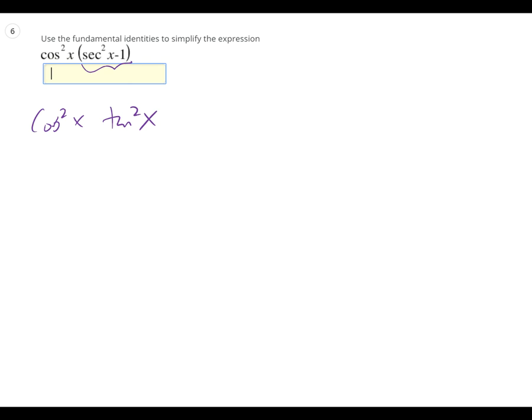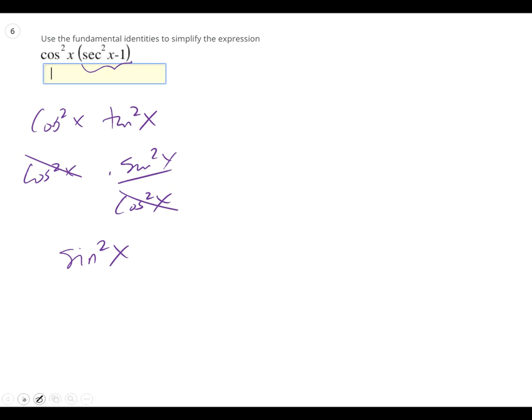No. Tangent goes to sine over cosine. So we have sine squared x over cosine squared x. Now the cosines cancel, and we're left with sine squared x. Alright, we good with that?